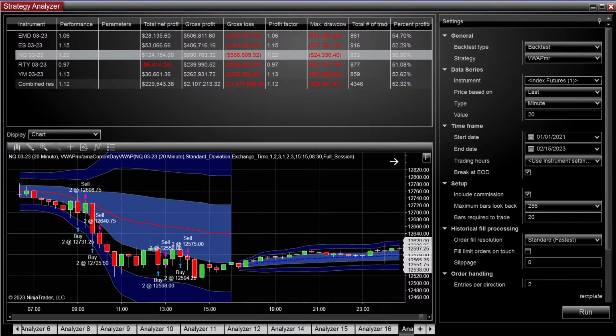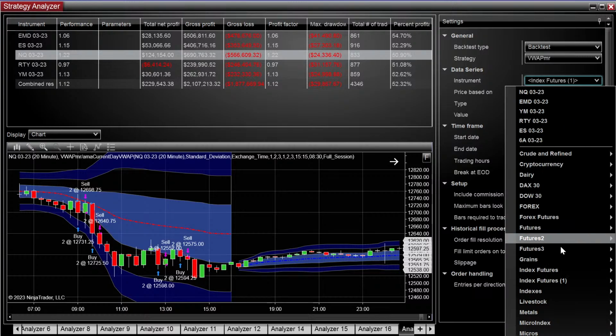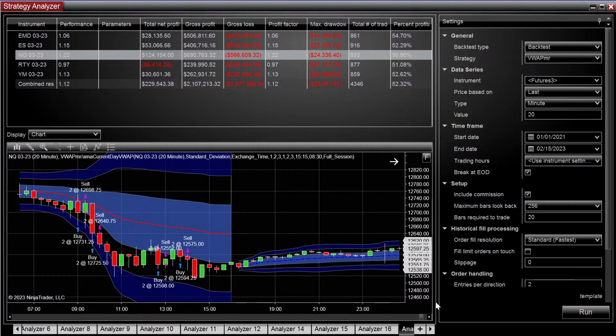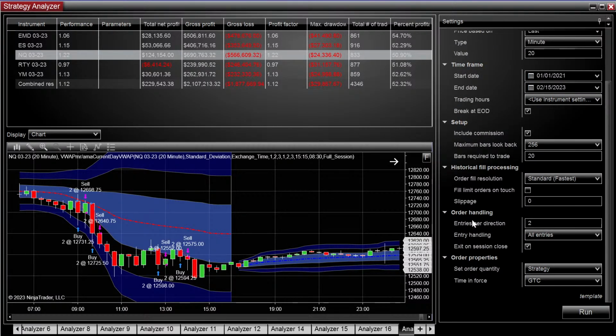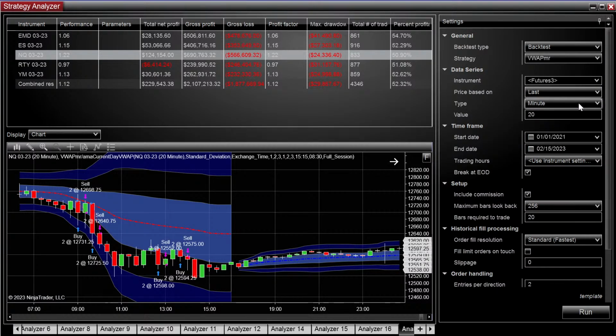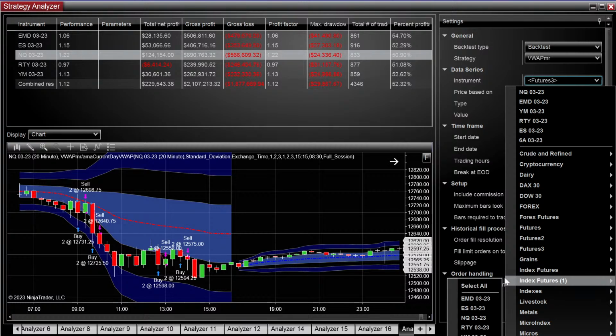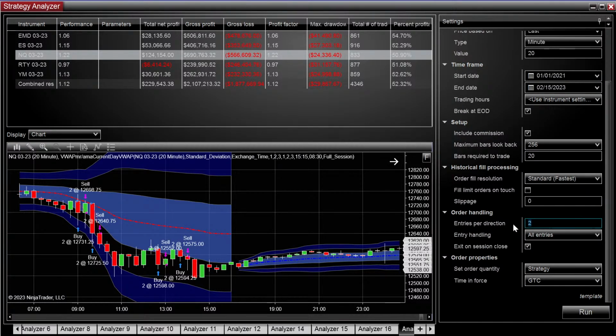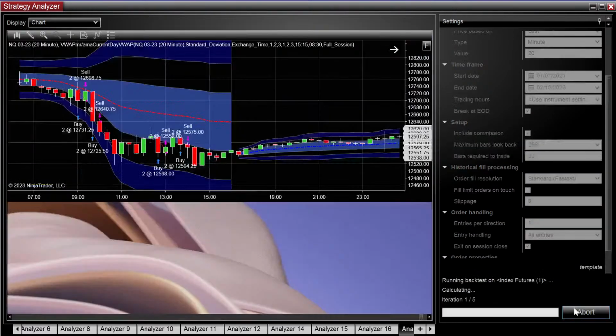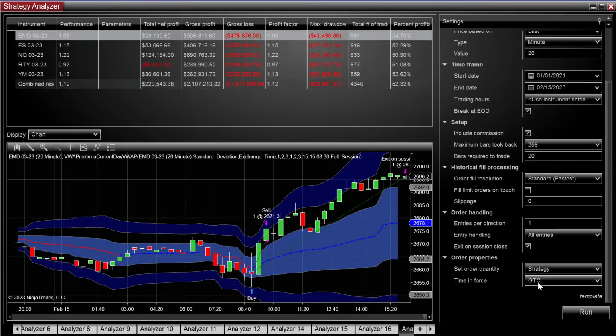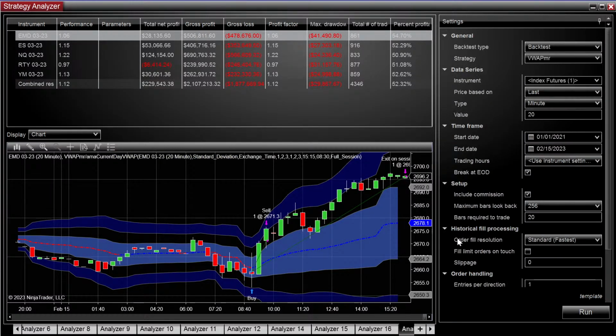Go ahead and test it on the whole basket, and we'll call it there. Let me make sure the per direction isn't messing up. Okay. Let's do the whole basket.